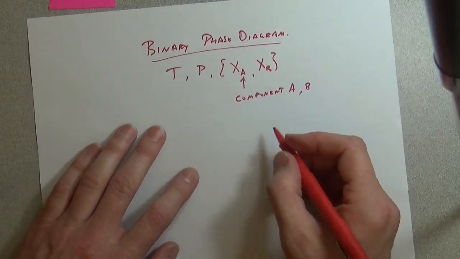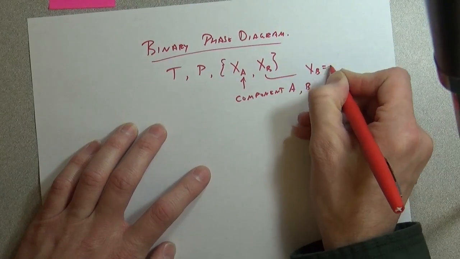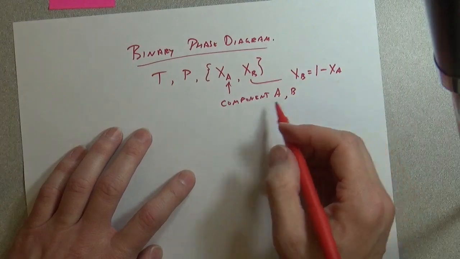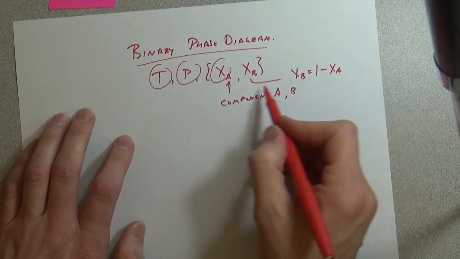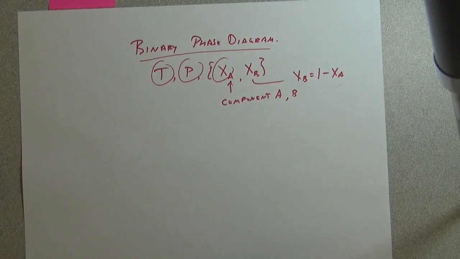Of course, the nice thing here is that XB is equal to 1 minus XA, so we only have these three parameters that we can control.